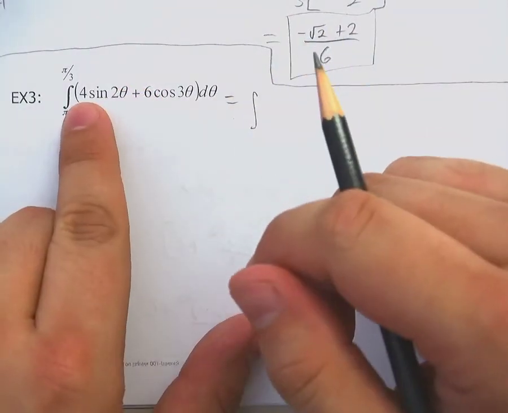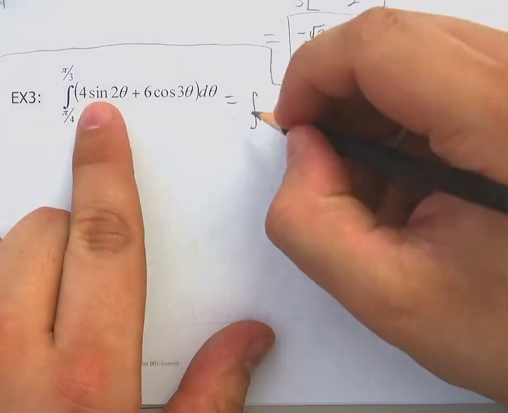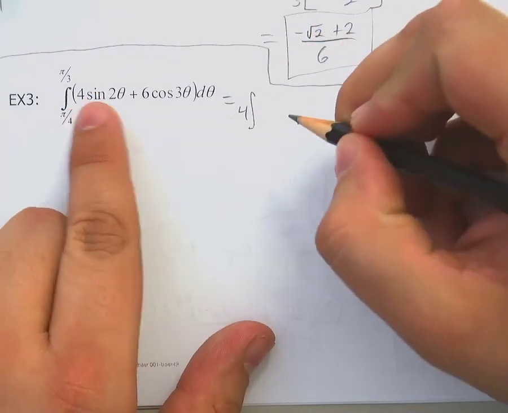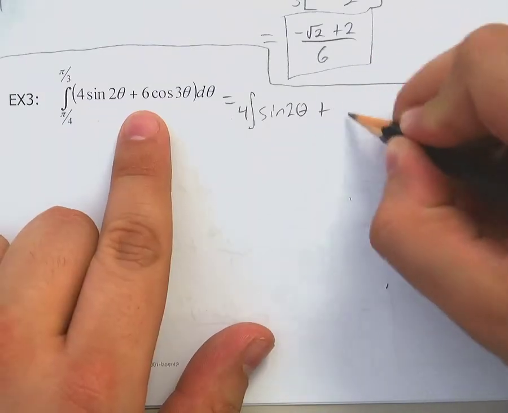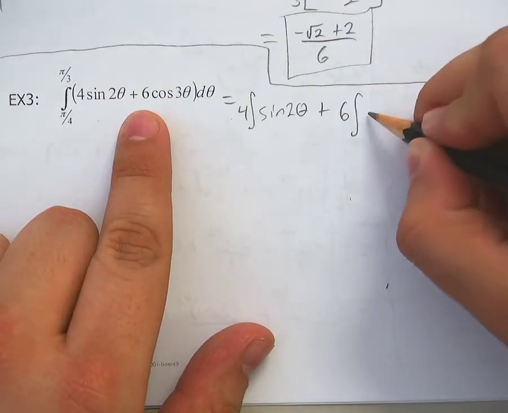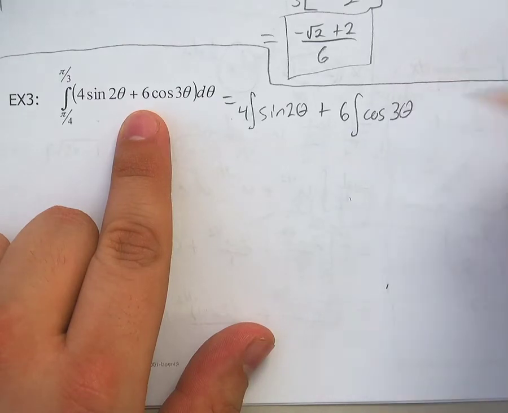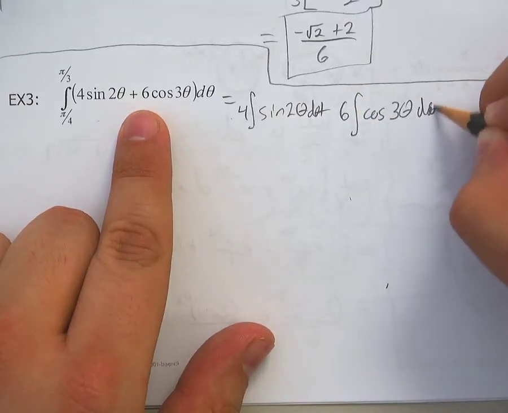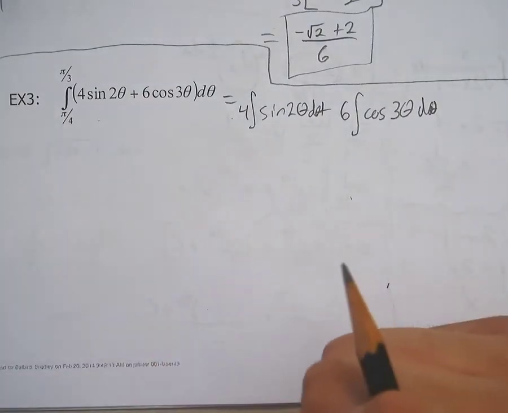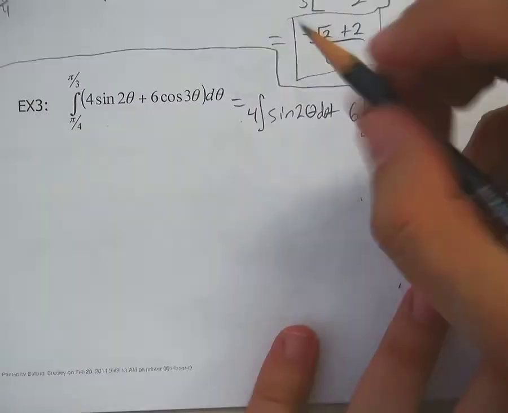I've got a 4 right here. So technically I could call this, skip a couple steps here, 4 times the integral of sine 2 theta plus 6 times the integral of cosine 3 theta. And this is all d theta. Right? And then put your limits on there.